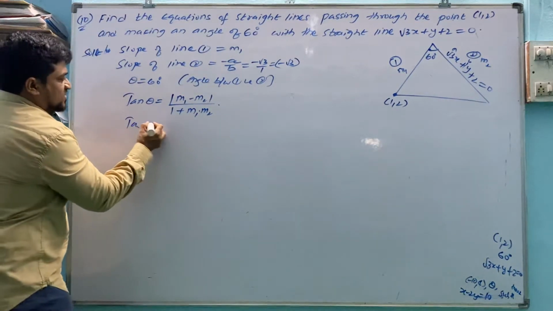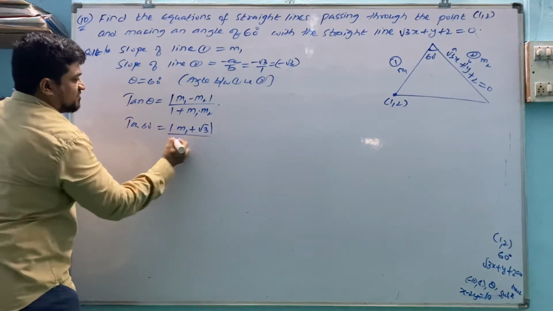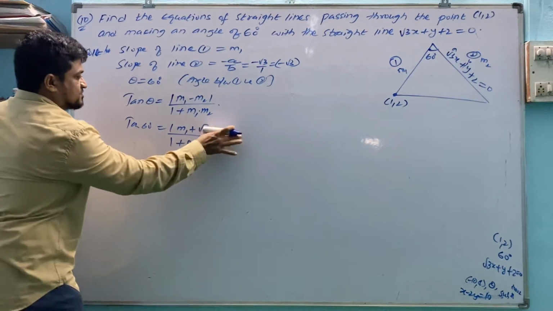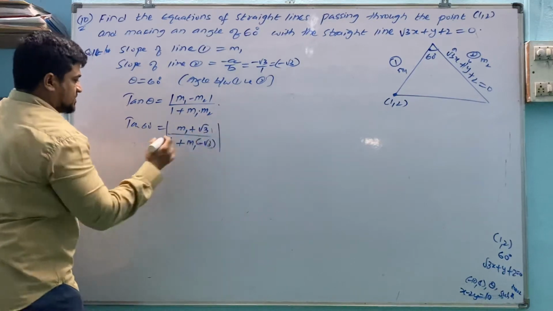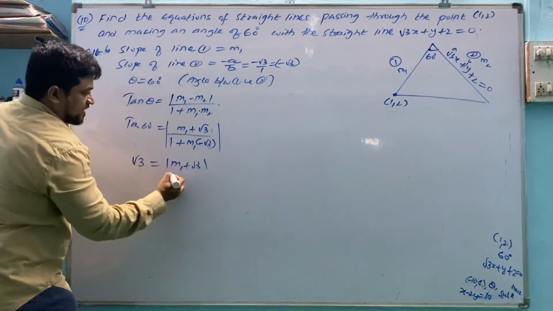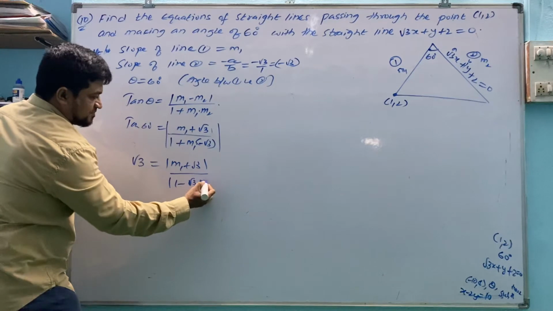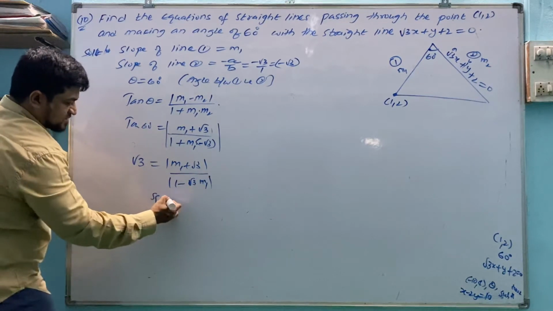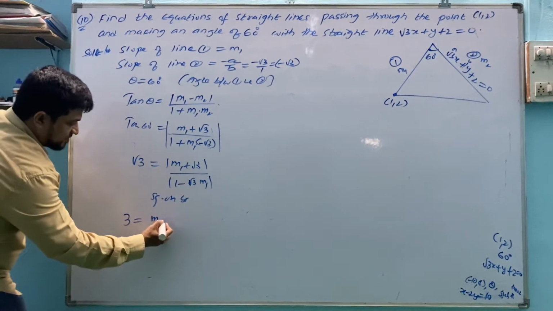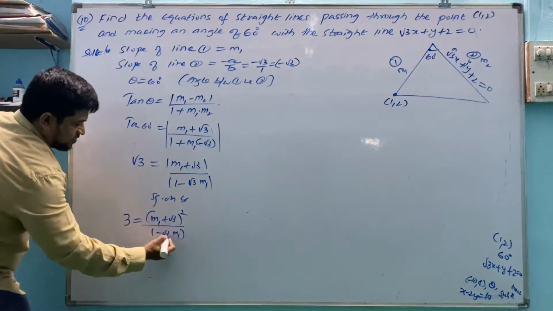Tan 60 degrees = |(m1 - (-root 3))/(1 + m1 m2)|, which is |(m1 + root 3)/(1 - root 3 m1)|. Squaring on both sides, we get 3 = (m1 + root 3)^2/(1 - root 3 m1)^2.